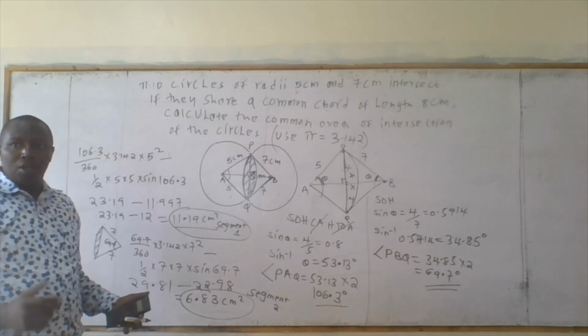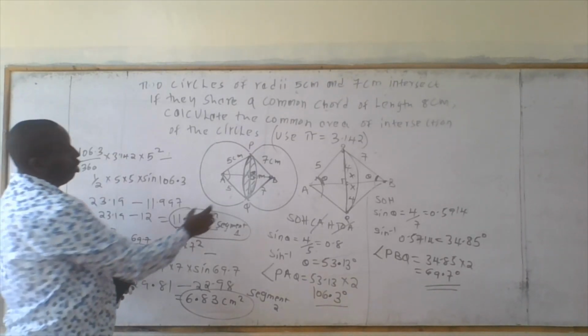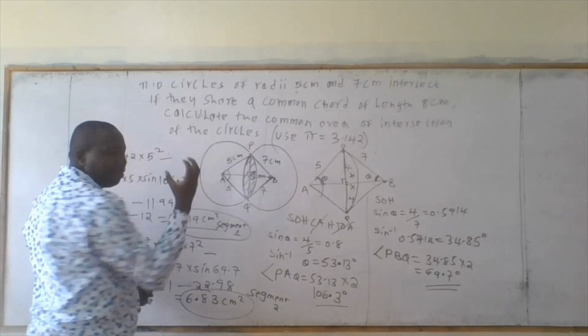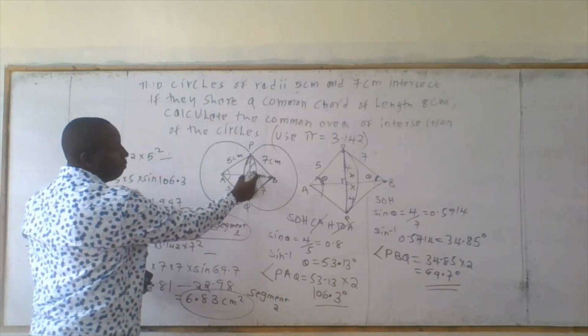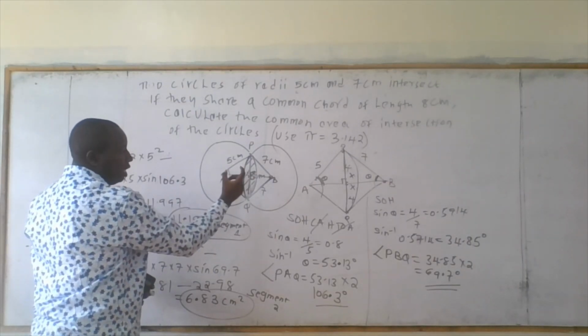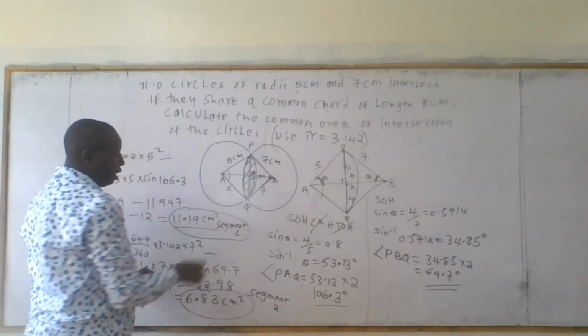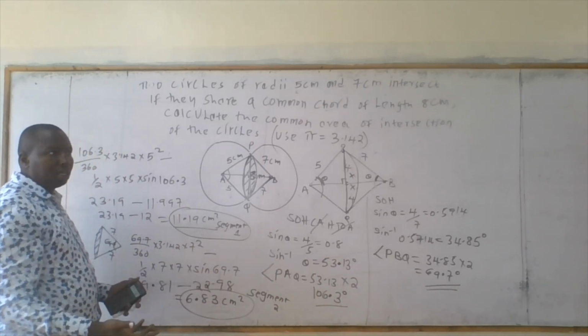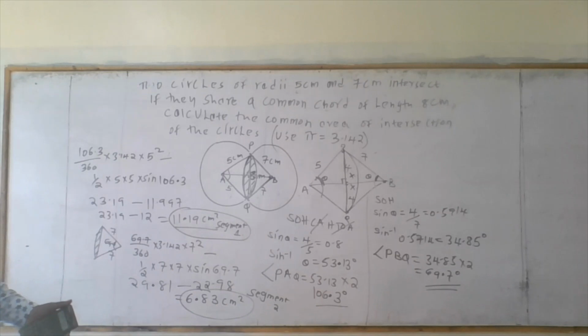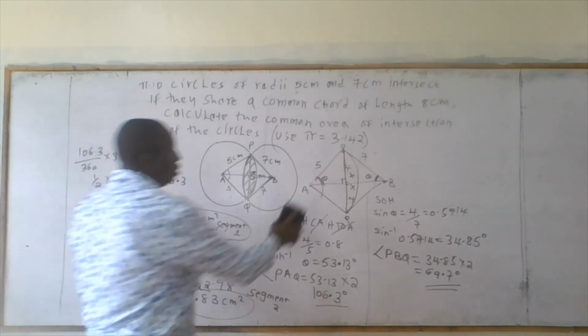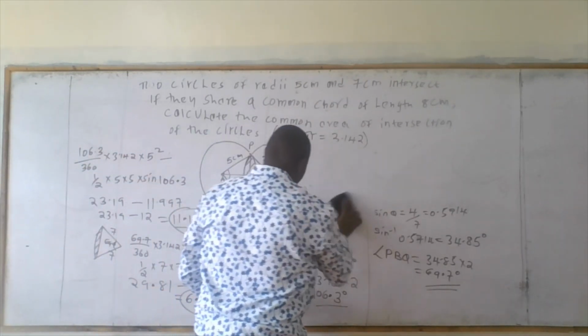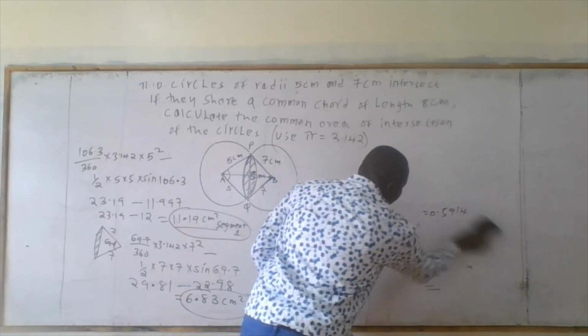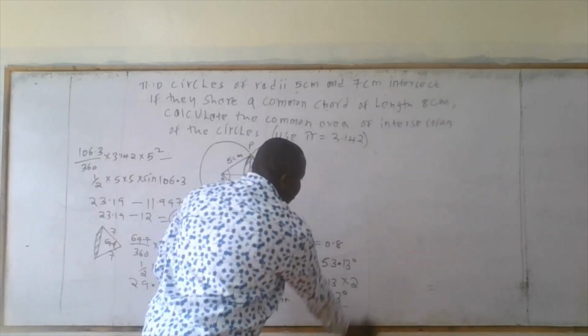Therefore, to find the area of the shaded region, the common region between the two, the area of the common region is the area of segment 1 plus the area of segment 2.